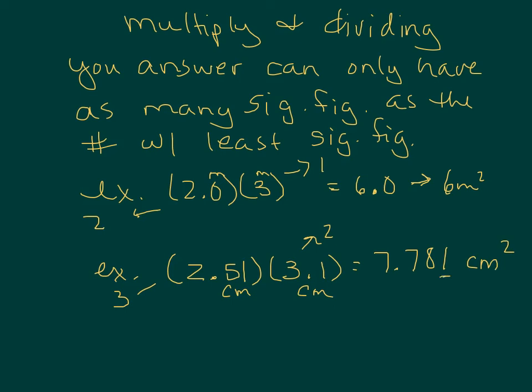But this measurement only has 2 significant figures, so you can't possibly be that accurate. Your answer has to be rounded so that you only have 2 digits in your answer. So I look at rounding this 7 right here. I look at the number behind it. It's going to round it up. So my answer should be 7.8 centimeters squared, which only has 2 significant figures, like this measurement only has 2 significant figures.